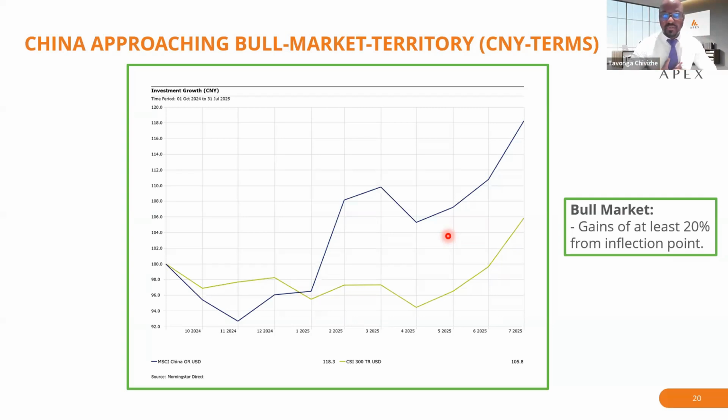You would know the policy inflection point for China. The one that really nailed it was the September policy inflection. And when that happened, the H shares, which is the dark blue line, which kind of looks black, rallied from a low, and it's currently sitting at 118 if you rebase it to 100, meaning that it's 2% away from entering a bull market. So think about it.